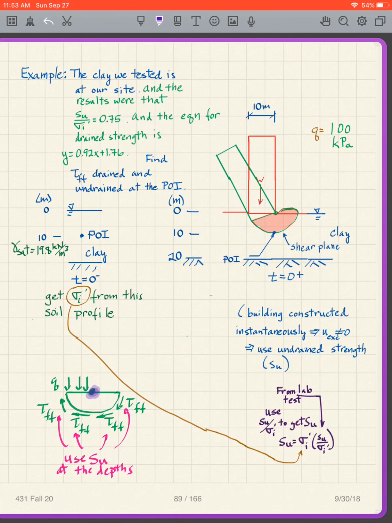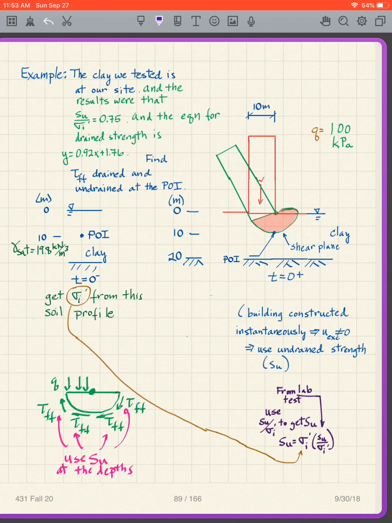One way of doing it is to take moments about this point. This is the moment that will cause shear failure, and the moment caused by these taus resists the shear failure. So one way to do these analyses is to simply take moments caused by the tau ffs and take moments caused by the q, and make sure that the moment caused by the tau ff is significantly bigger than the moment caused by the q.